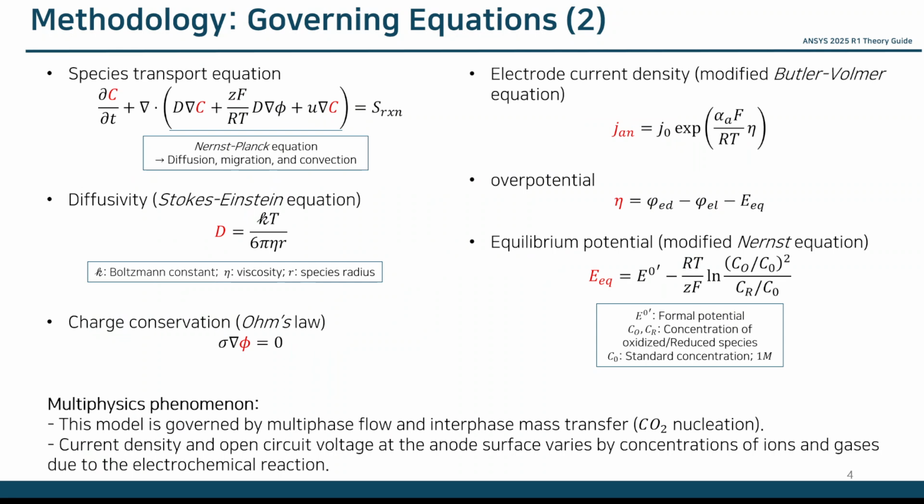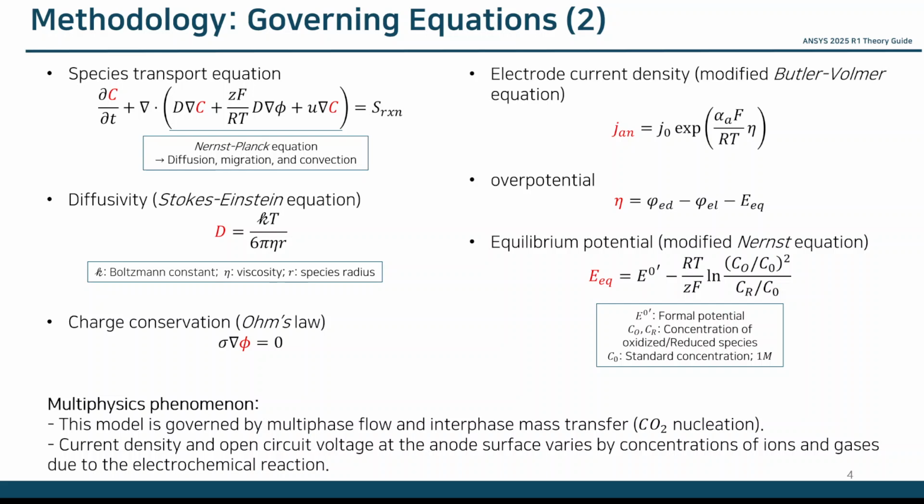And next, electrochemical relevant equations are illustrated in this slide. Since chemical reaction rate is dependent on the electrode current density by Faraday's law, anode current density should be calculated via Butler-Volmer equations.